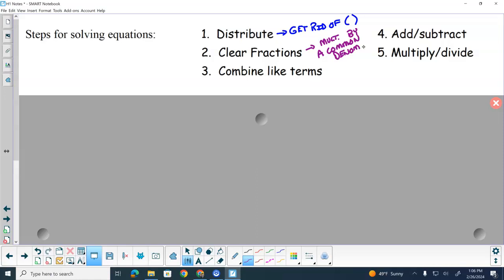Then we're going to combine like terms. Then on these last two, we want to get it so that we have a variable on one side and all of our numbers on the other side.